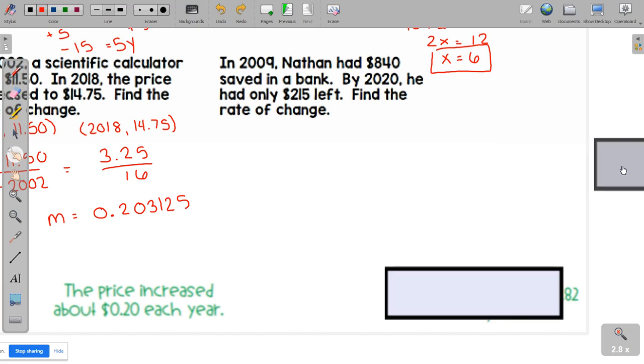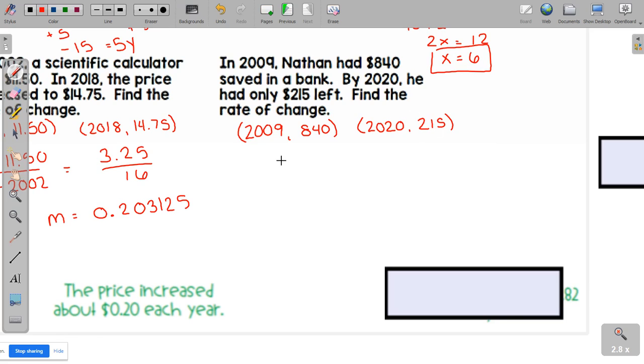Find the rate of change. So we're going to do this the same way. Create 2 points. So 2009, $840. So that's 1 point. In 2020, he had $215. So that's our second point.